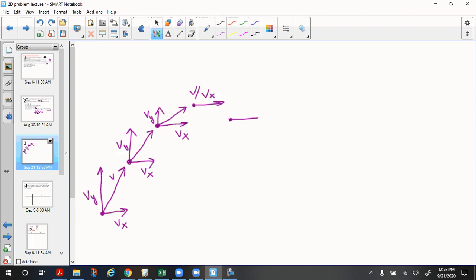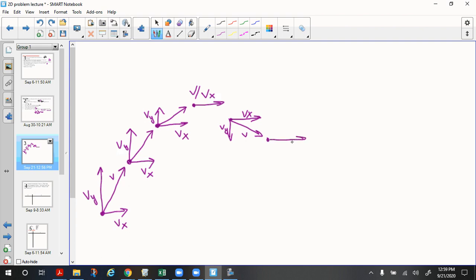So we'll have our Vx and Vy and V, and then our Vx stays constant.